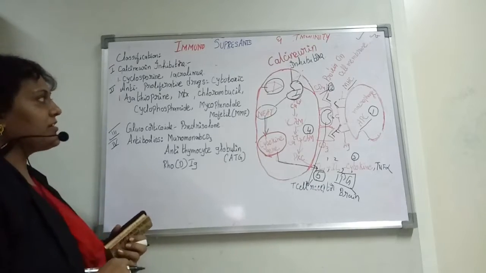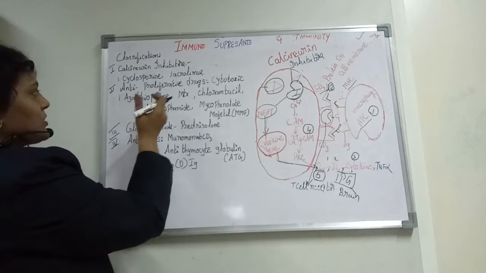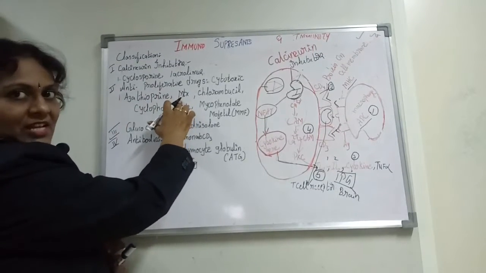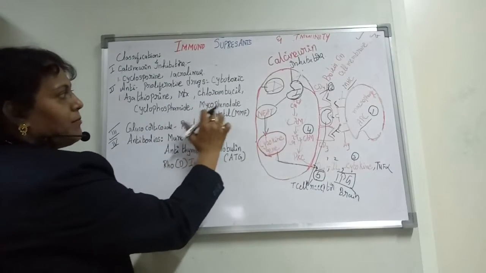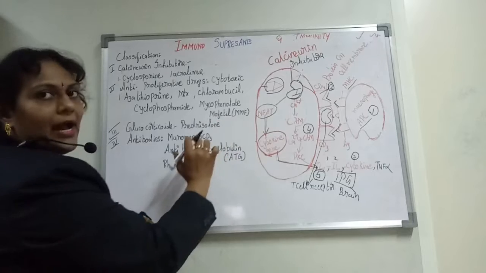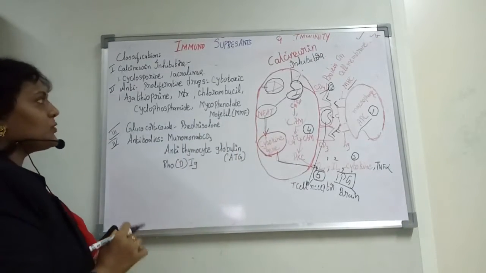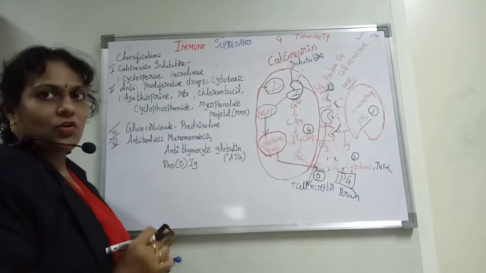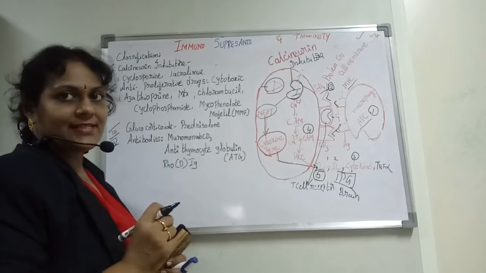And these cytotoxic drugs, as we know in the classification of anti-cancer, and the best drugs are azathioprine, methotrexate, MTX stands for methotrexate, chlorambucil, cyclophosphamide, and mycophenolate mofetil, which is called MMF. Once again I am repeating the drugs: anti-proliferative drugs, also called cytotoxic drugs, which are used as anti-cancer drugs.